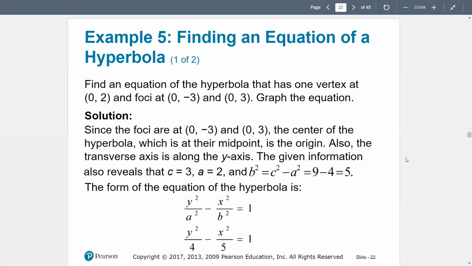What does the foci help us find? Foci helps us find what? Anybody?